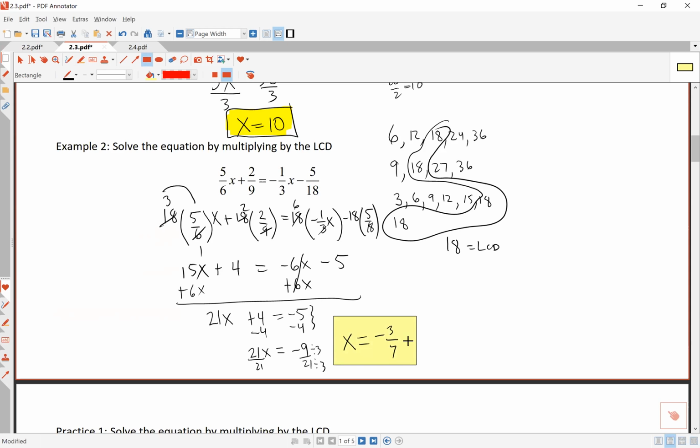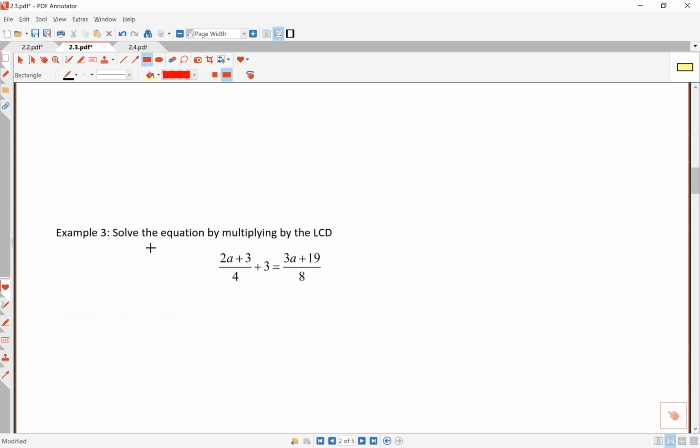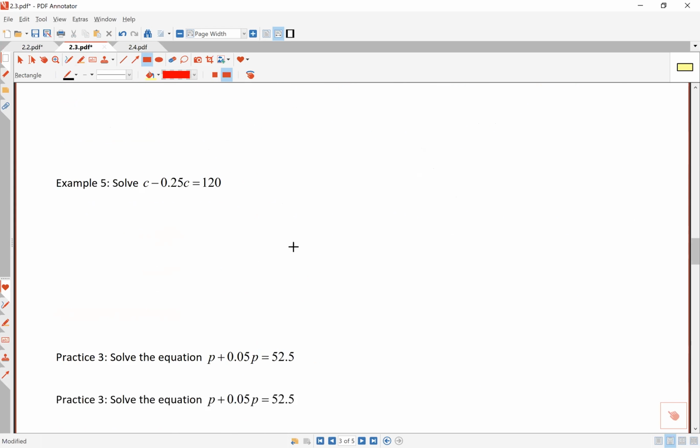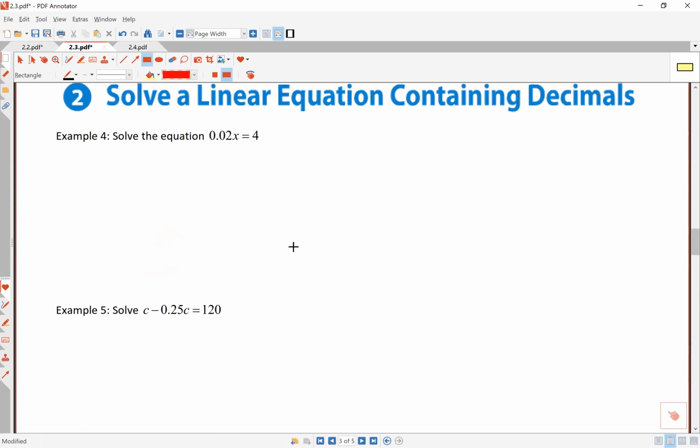Okay, so clearing the fractions by multiplying by the LCD is an important topic. Now, if you have decimals, this is a lot easier to deal with because decimals are either denominators of 10, 100, 1,000, 10,000, 100,000, and so on.